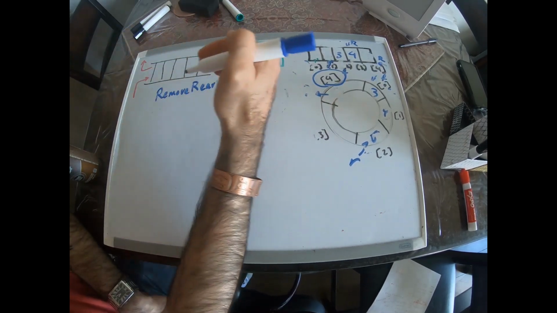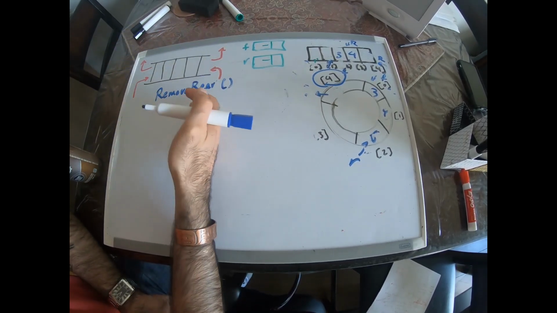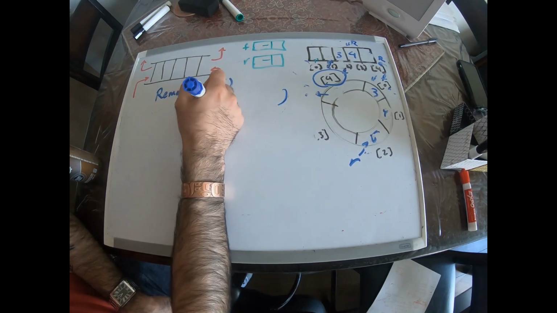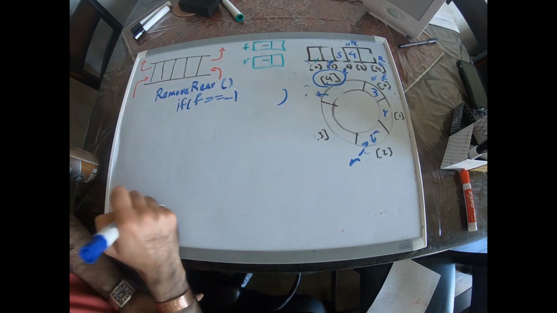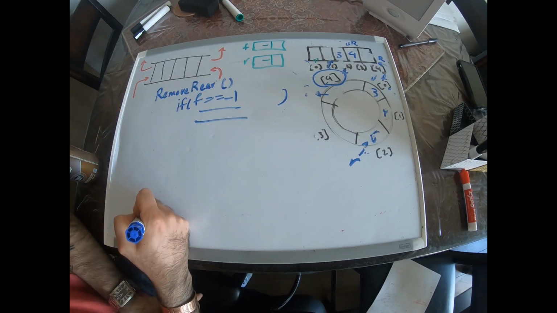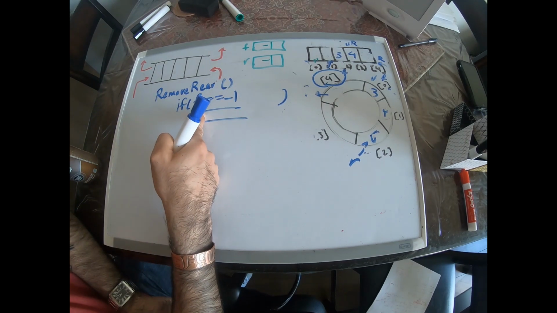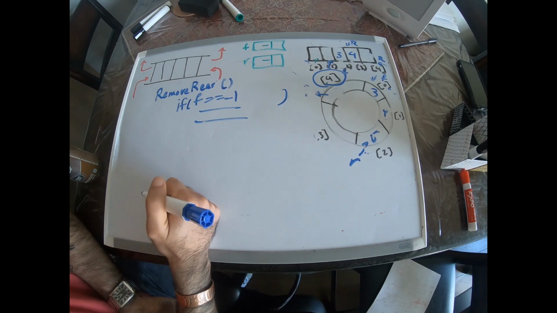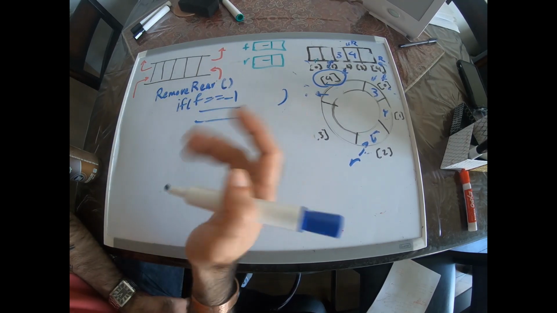We want to decrement rear. But again, we have to check first if front is equal to -1. It means that the array is empty. We can't DQ, so you either have to return or throw an exception or print a message. You can't remove, there's nothing to remove.